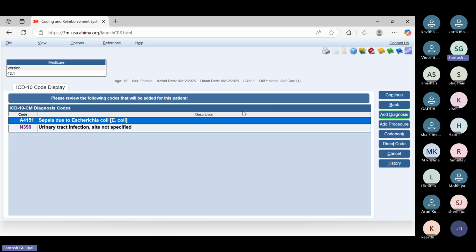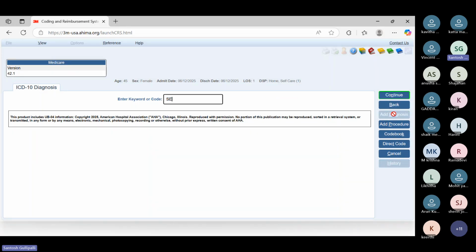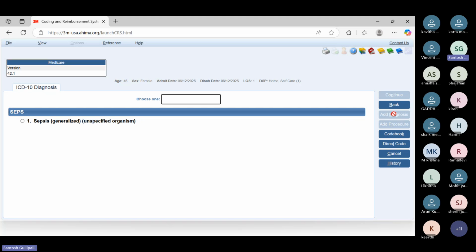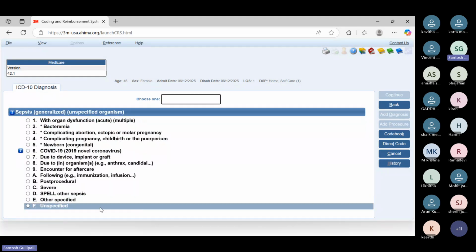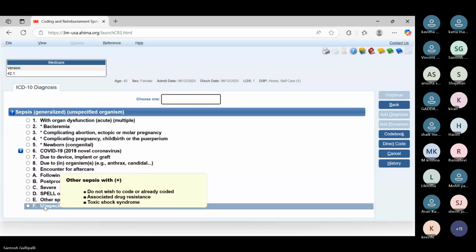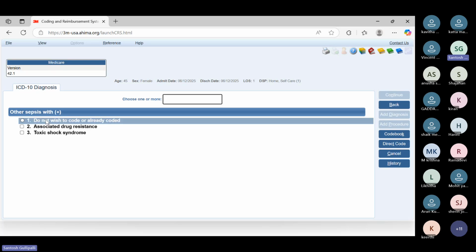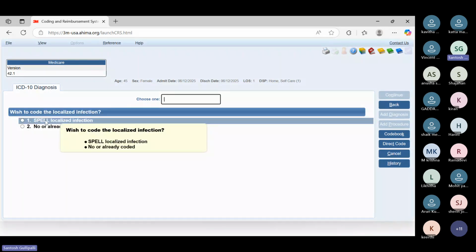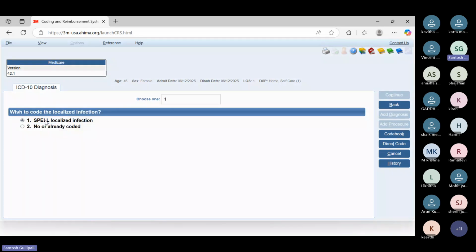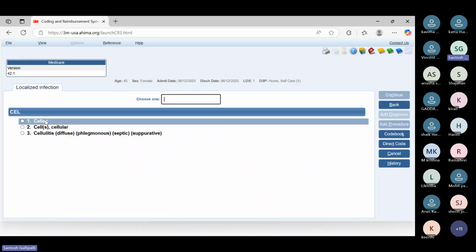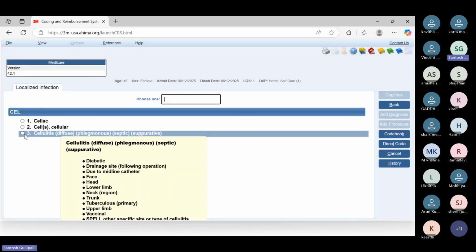So that is unspecified sepsis. Go to sepsis, for example. The option is 1, unspecified. Do not wish to code drug resistance. The localized infection is cellulitis, so the option is 3.